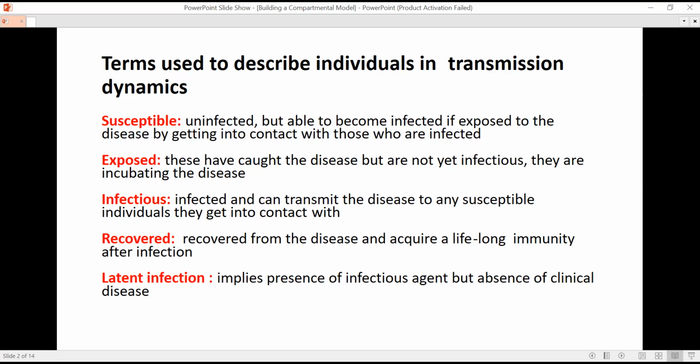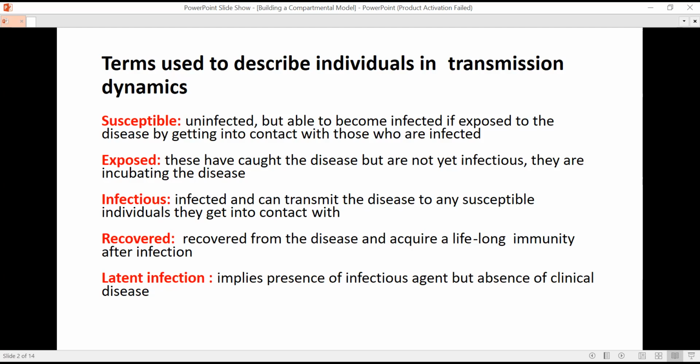So if the disease that you are modeling confers immunity for some period before an individual goes back to the susceptible, then you are better placed modeling the disease using SIRS as compared to SIS.